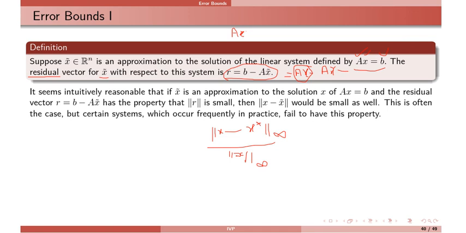So you can write A times (x minus x bar). So the residual is not the error, this is just the error multiplied by matrix A.